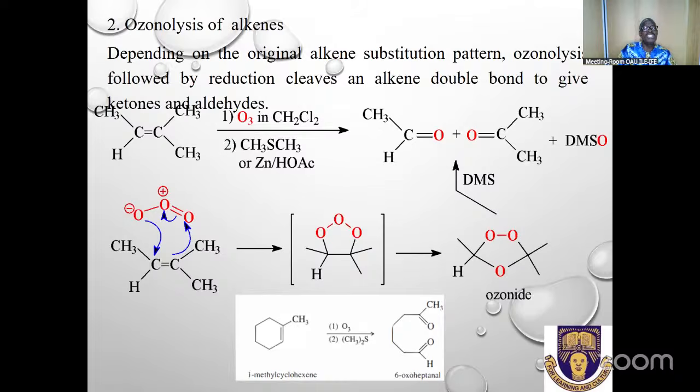Depending on the original alkene substitution pattern, ozonolysis followed by reduction cleaves an alkene double bond to give ketones and aldehydes. Now, let's start with this simple one here as an example. This is 2-methyl-but-2-ene.